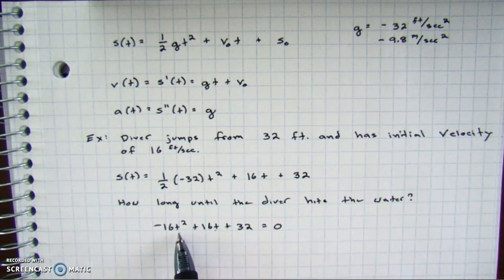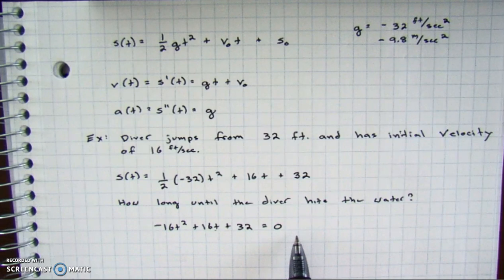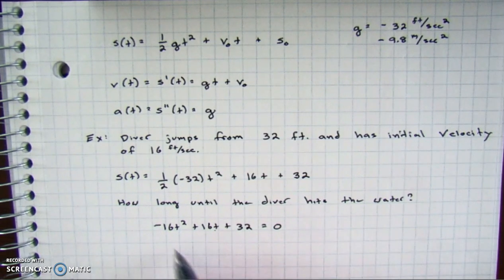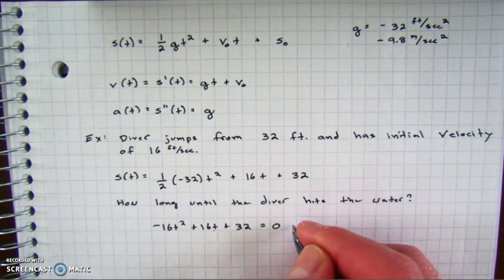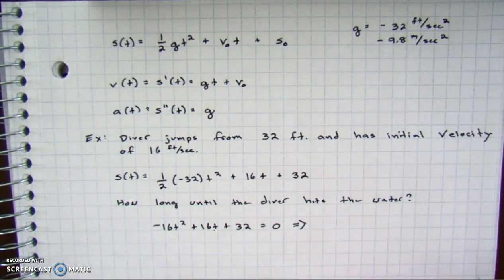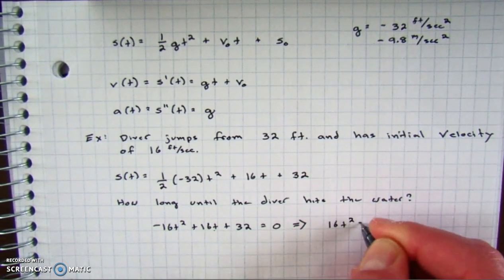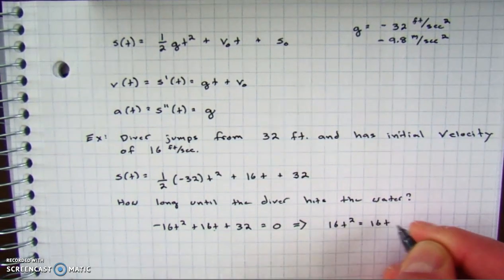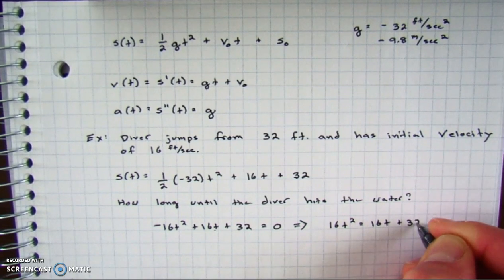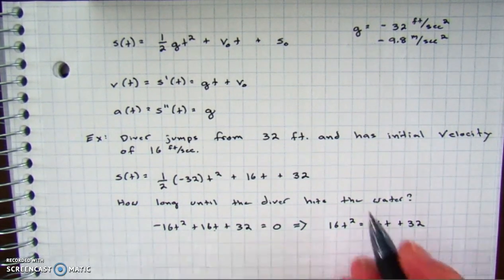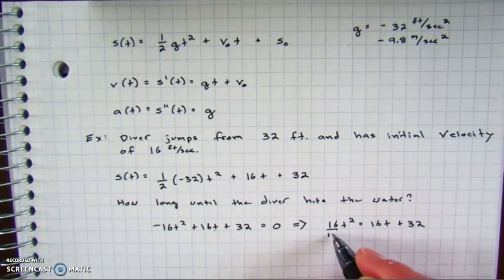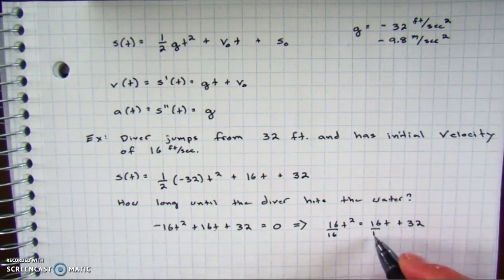Let's bring this 16t over here, so we're going to add 16t squared. So we've got 16t squared equals 16t plus 32. Let's divide all these 16s out of here.